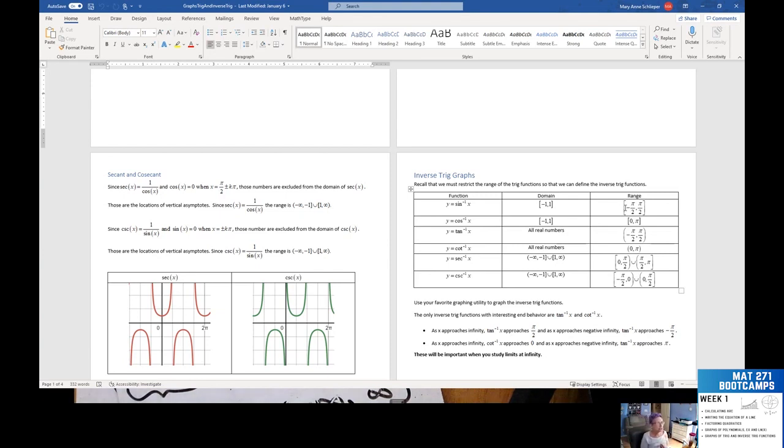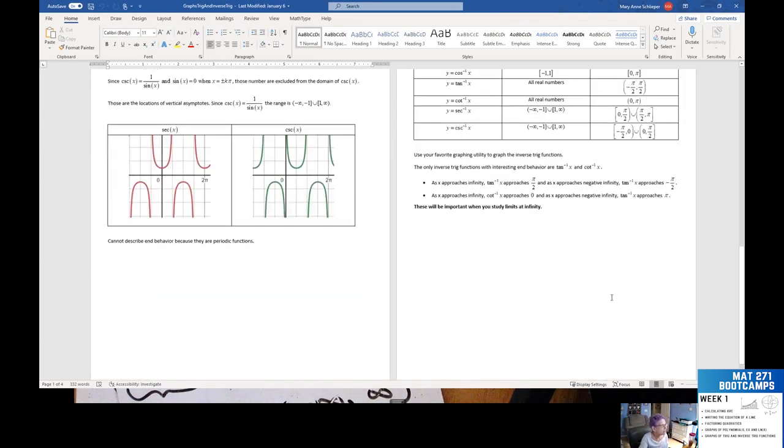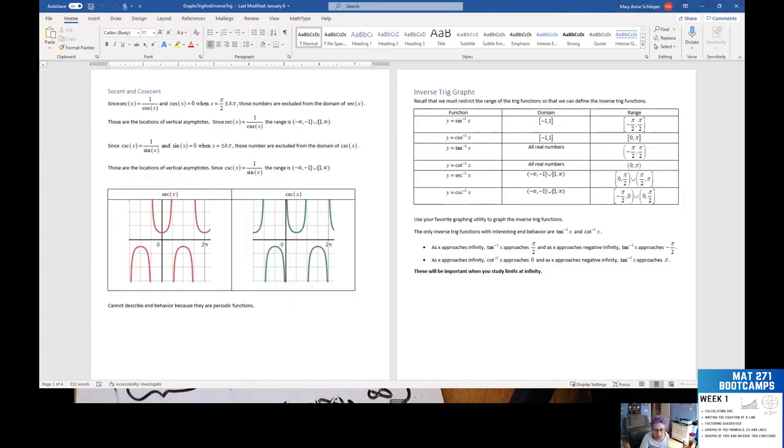The most interesting ones are arctan and arccotangent because their domains are all real numbers. So you can talk about their end behavior. As x approaches infinity, the arctan approaches π/2, which is something that's going to be important to you later. So if we look at a graph of that, let me get a Desmos going.